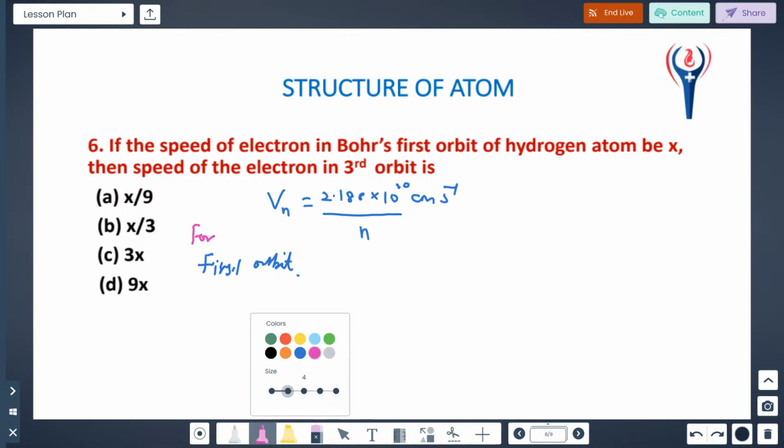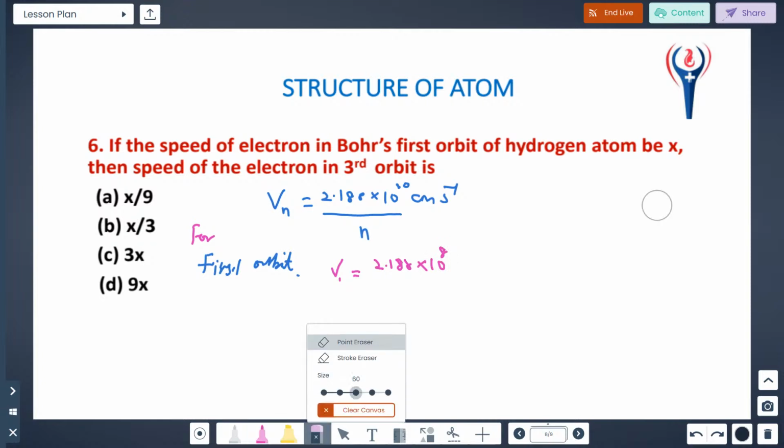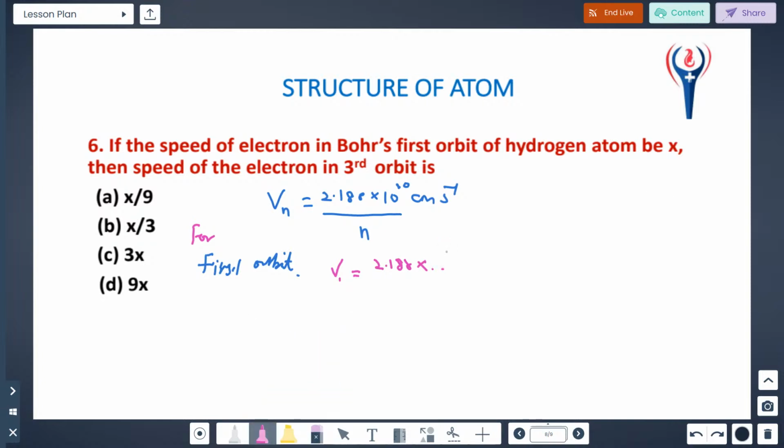So V1 is equal to 2.188 into 10 power 10 centimeter per second divided by 1. The speed of the electron in Bohr's first orbit of the hydrogen atom is given as x.